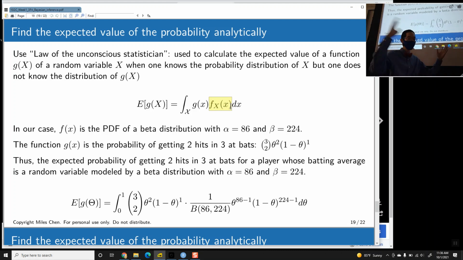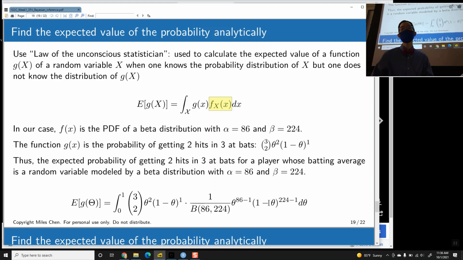Right, so to figure this out, we're going to take the integral across all possible values of that random variable. So it's the expected value of g of theta, and it's the integral from 0 to 1 of 3 choose 2 times theta to the second power, 1 minus theta to the first power, times the PDF of theta.